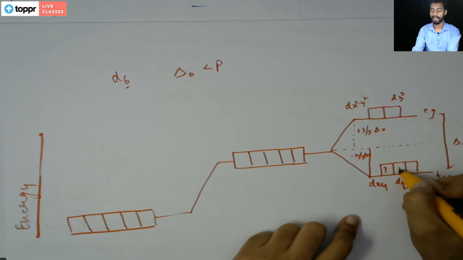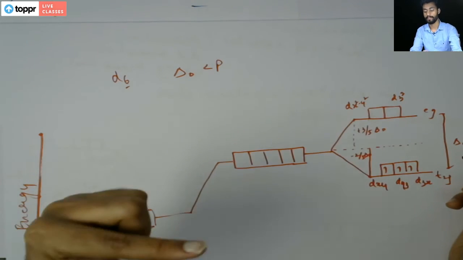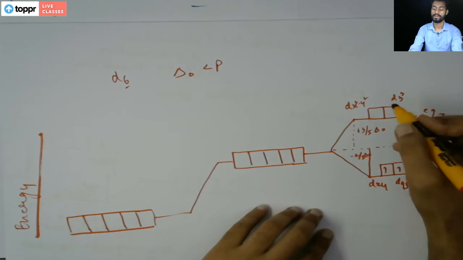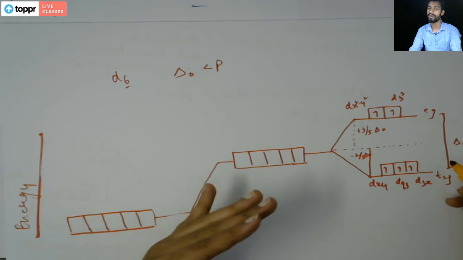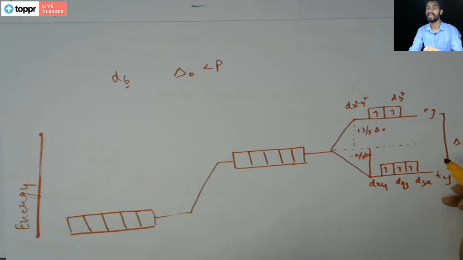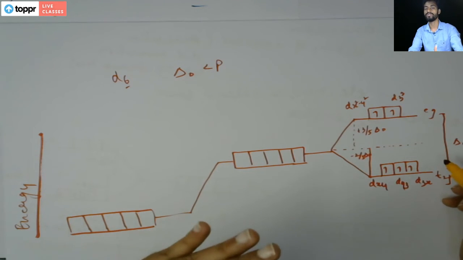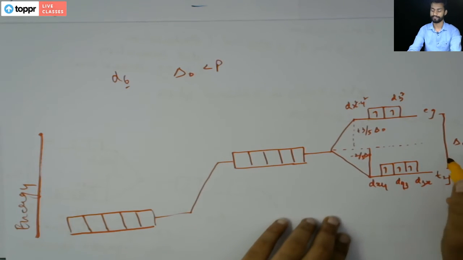First we will give them singly occupied. Now, since the pairing energy is more, electrons will be singly filled first. Remember this thing: if pairing energy is less, then electrons will be doubly occupied, and if pairing energy is more, then electrons will be singly occupied.